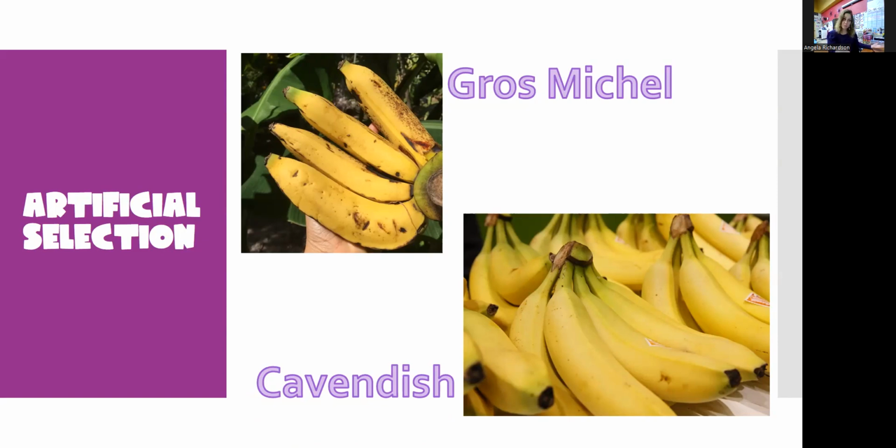Now, the Cavendish banana was able to survive and withstand the banana fungus that killed off the Gros Michel. But once again, all of these bananas are clones of each other. So if we have another disease, virus, fungus, or anything like that that comes in, and the Cavendish banana is susceptible to that, what happens to all the Cavendish bananas? Gone.